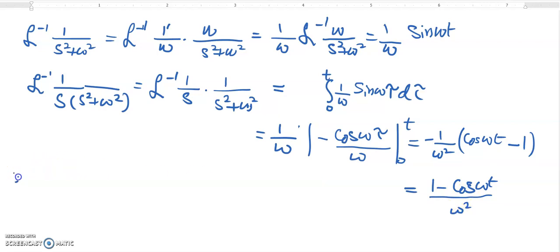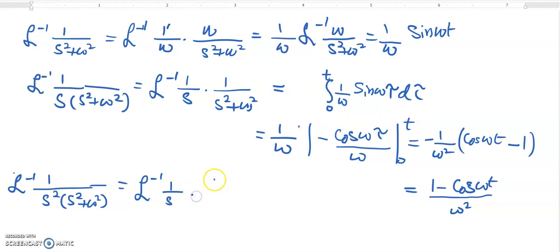Now similarly we can find the Laplace inverse of 1 over s square into s square plus omega square. So now we can write it as Laplace inverse of 1 over s into 1 over s into s square plus omega square. So we have just found the Laplace inverse of 1 over s square plus omega square.